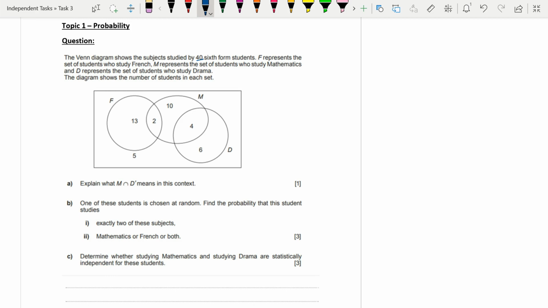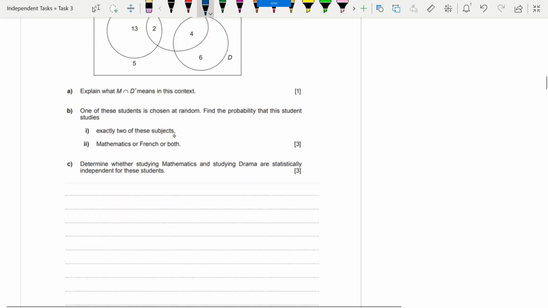So in the first question, I've got explain what M intersection not D means in this context. So this, in general, would mean M, but not D. So I'm just going to put that into context.